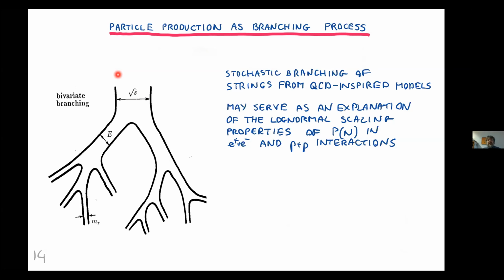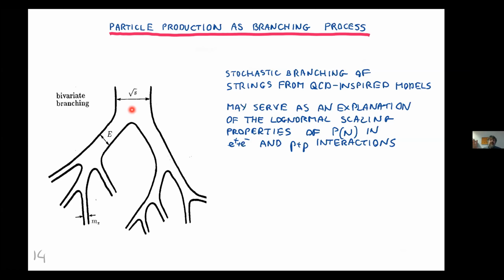So we have a branching process, and actually from a very simple model saying that you have initial energy square root of s, then you generate randomly what fraction of this energy goes into potential energy of two strings, product of decay of this string at a given step, and what goes to kinetic energy.